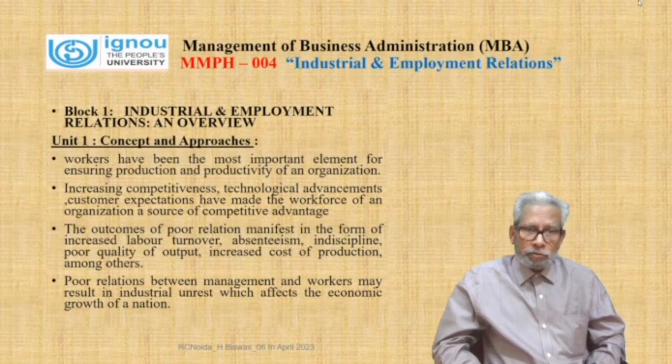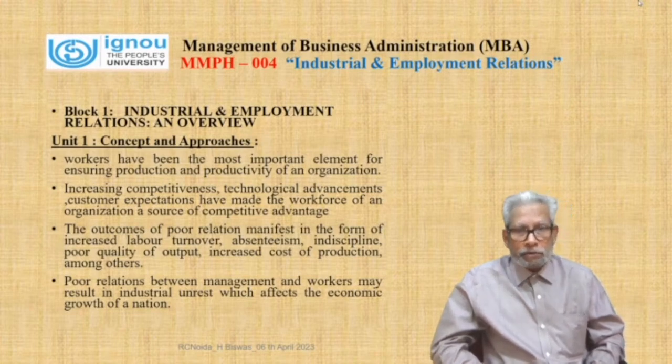Then the outcomes of poor relations manifest in the form of increased labor turnover, absenteeism, indiscipline, poor quality of output, increased cost of production, among others. You see that type of outcome where the relations are not very good, and labor turnover is increased.